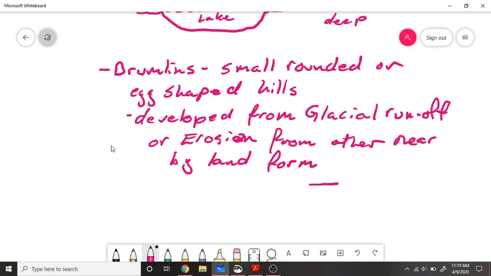And a drumlin is going to be kind of like a very steep, rounded hill.